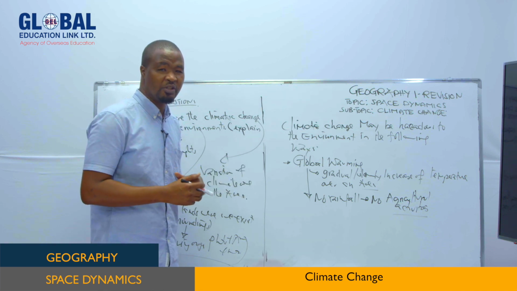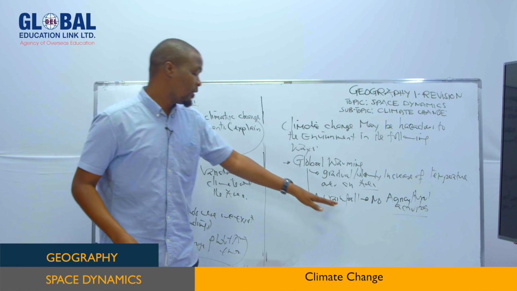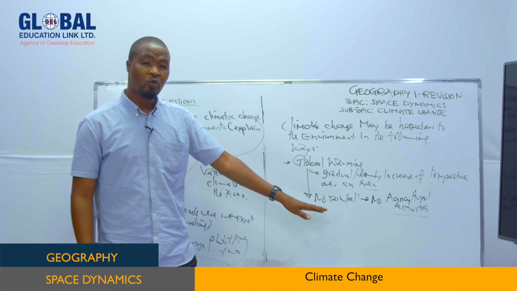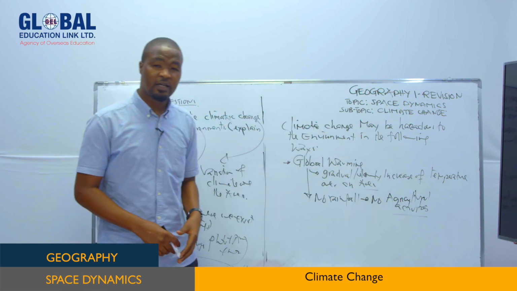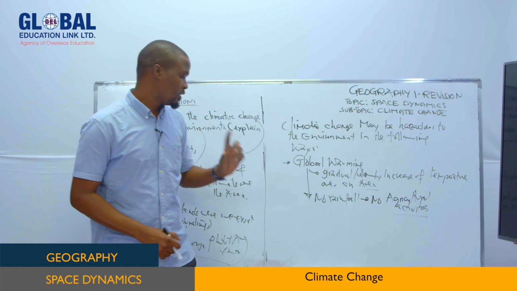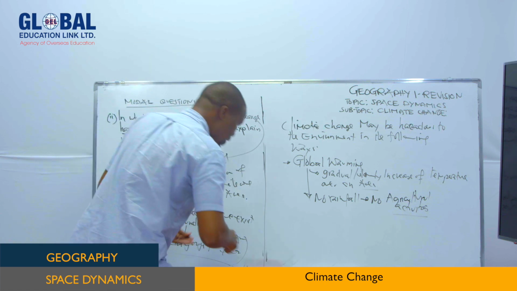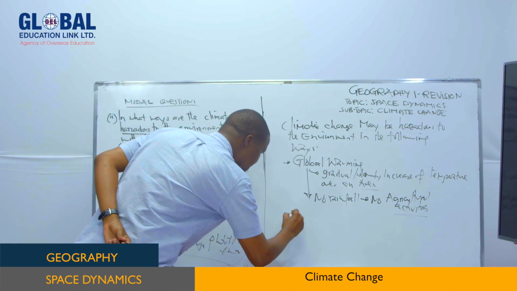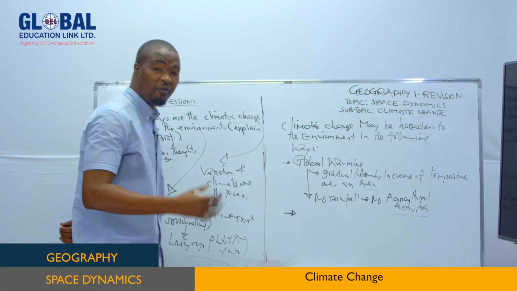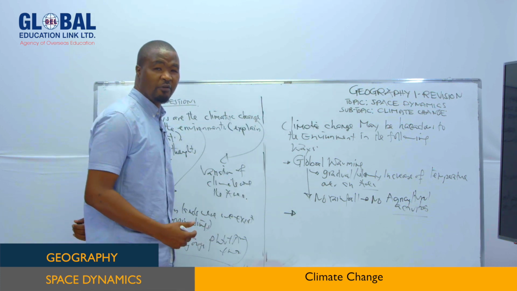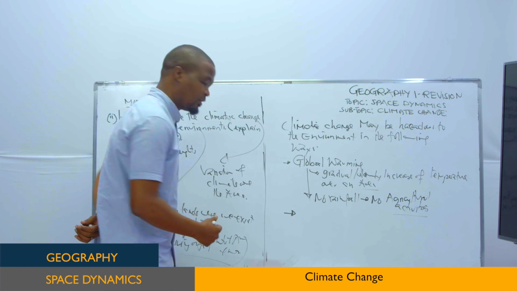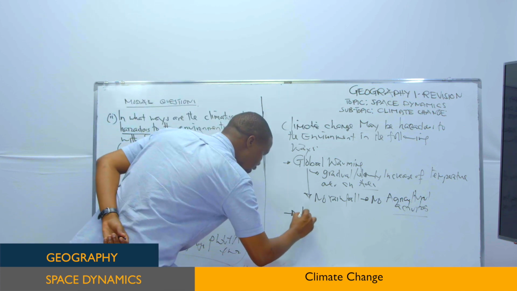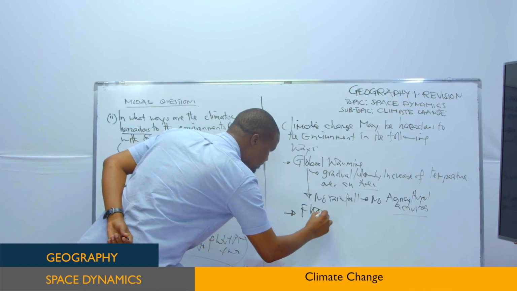Are we together? Because it may result in little or no rainfall, which later may affect agricultural activities. That's one point. Another point, let's say there is a climatic change in terms of an increase in rainfall, more rainfall over the area. It means we are going to get what we call floods.